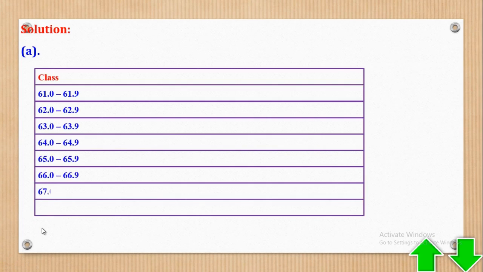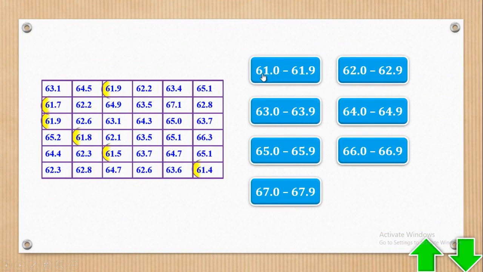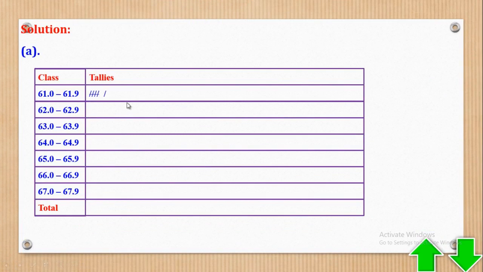So those will be the classes. Now we shall go to tallies. We shall start from 61.0 to 61.9. So when you highlight them, you will realize that these are 1, 2, 3, 4, 5, 6. Therefore, you come here and put tallies corresponding to 6.